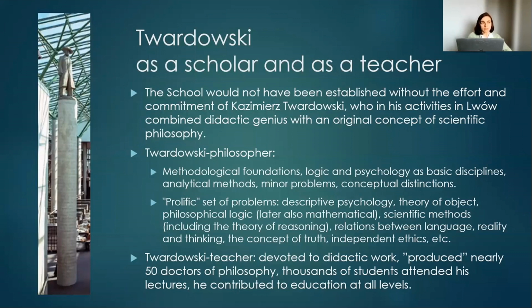That's why he didn't focus on his own career, which he could develop because there was a moment when he was very popular among German-speaking philosophers, but instead he wanted to build a strong philosophical school in the Polish language in Polish universities.